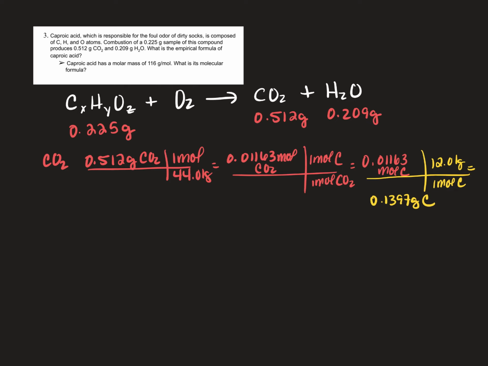Okay, and then I'm going to do the same with the H2O. So I have 0.209 grams. I have 1 mole, there's 18.02 grams. So 0.209 divided by 18.02 gives me 0.0116.